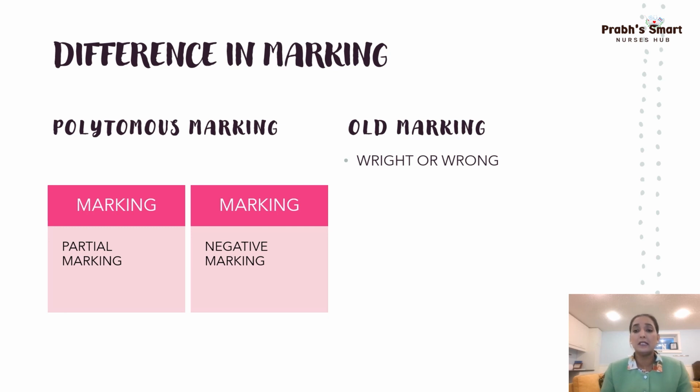Okay, but there is negative marking too. That means if instead of 3 options, you have selected 5 options, right? So you will get negative marking for those 2 incorrect options. Okay, so that is something new. You will see partial marking. We also call it polytomous marking in next generation.